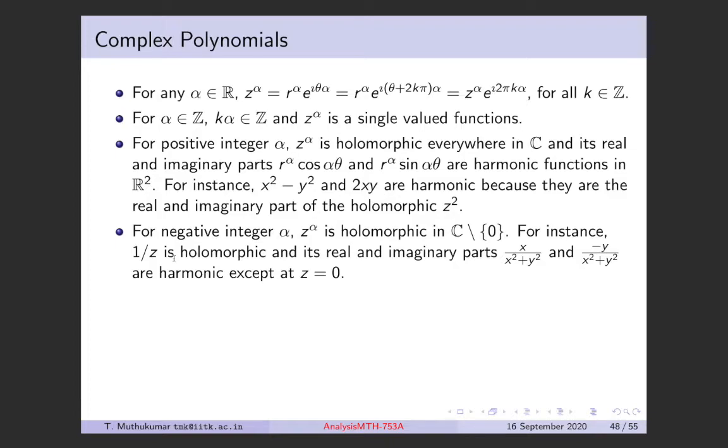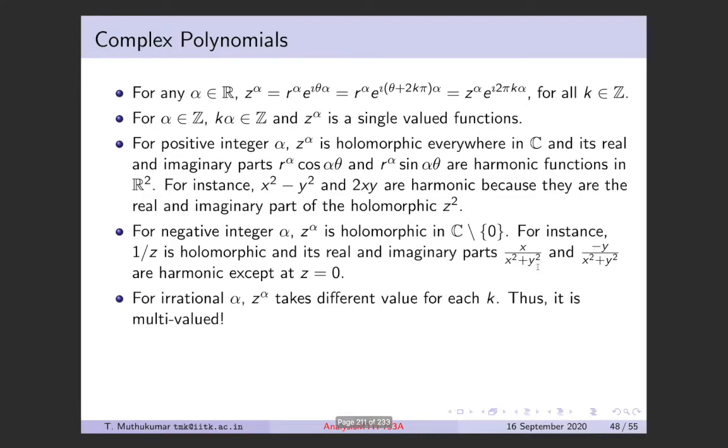We have shown this already. So this is a holomorphic function, except at 0. So except at 0, the real and imaginary parts are harmonic functions. And this is true for every negative integer alpha.